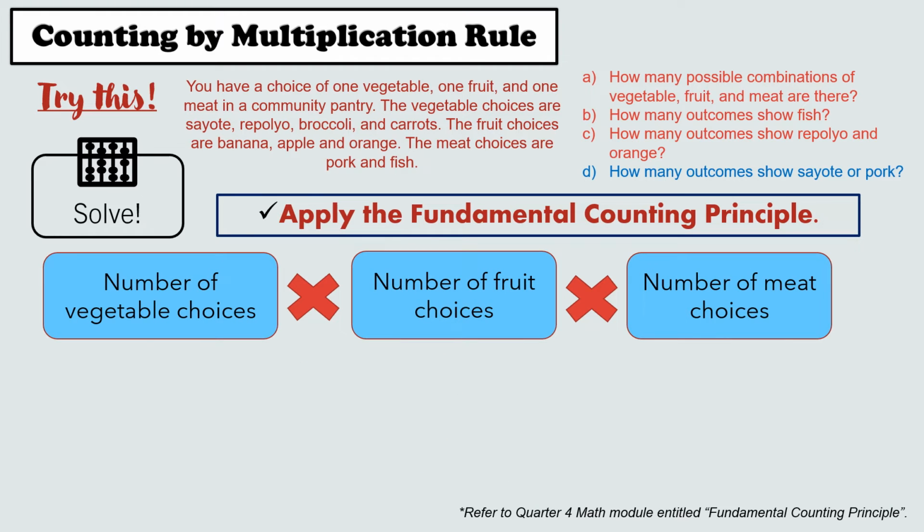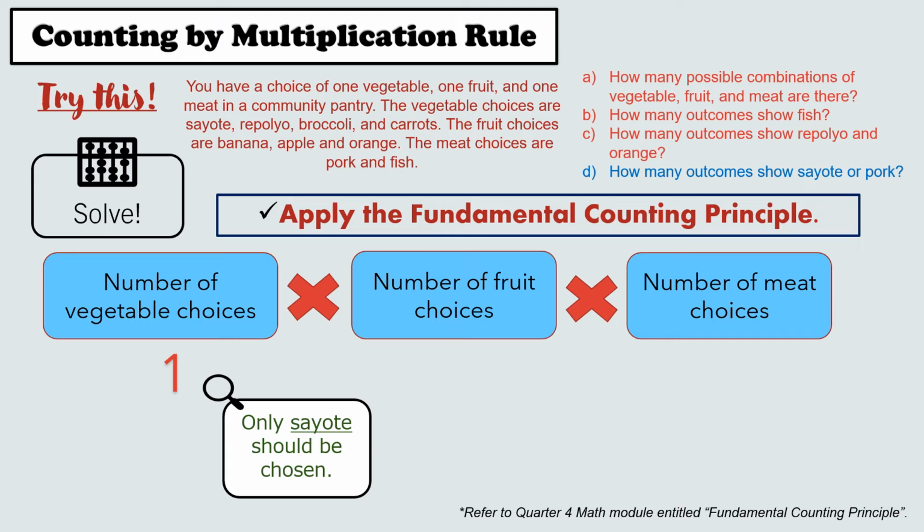To answer the last question, we are going to take 2 steps in our solution because we are looking at the outcomes that contain either sayote or pork. The first step is to determine the number of outcomes that show sayote. This means we are only going to have one choice for vegetable, which is sayote.